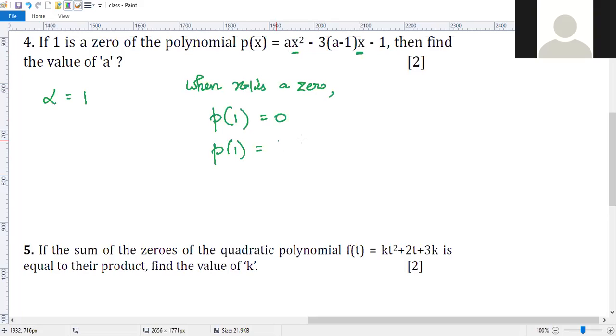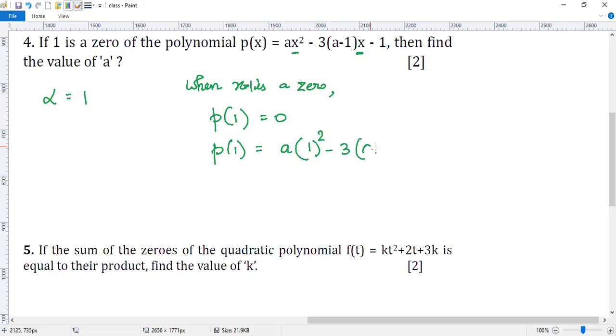You will get a into 1 squared minus 3 into a minus 1 into 1, and rather you can just write it as 1 minus 1. So this will be what? A minus, when you simplify, minus 3a you will get. Correct? Then here it is plus 3.